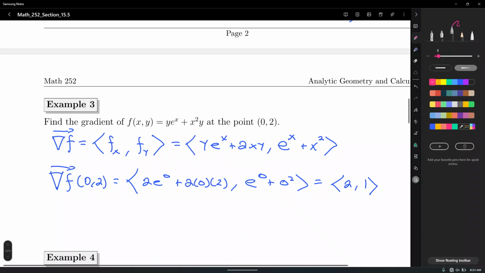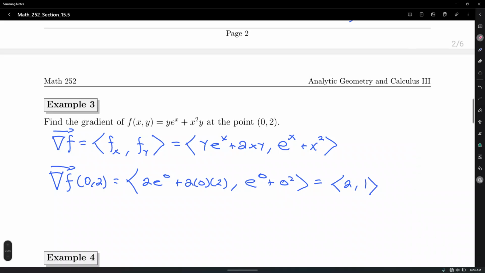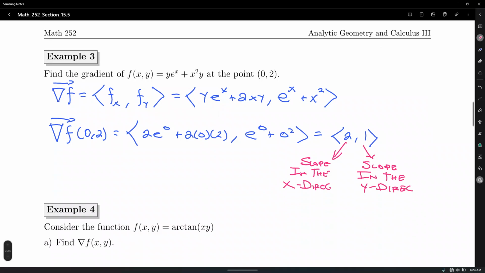So the first component is the slope in the x direction, while the second component is the slope in the y direction.